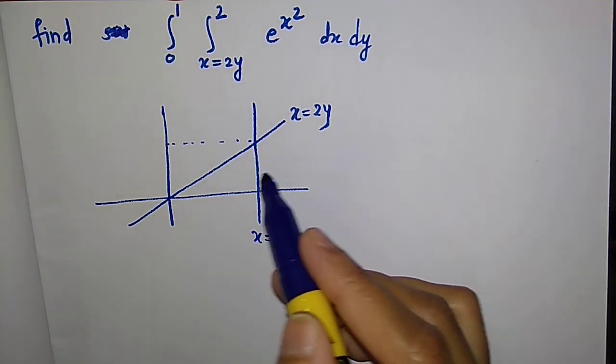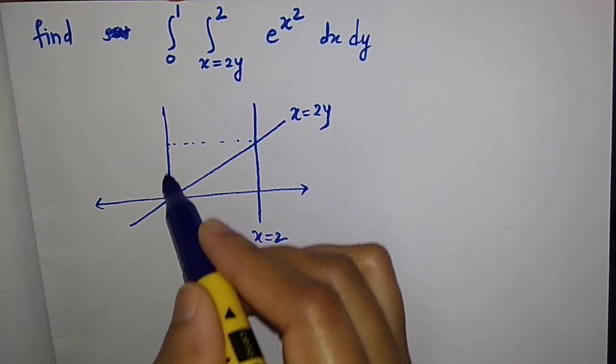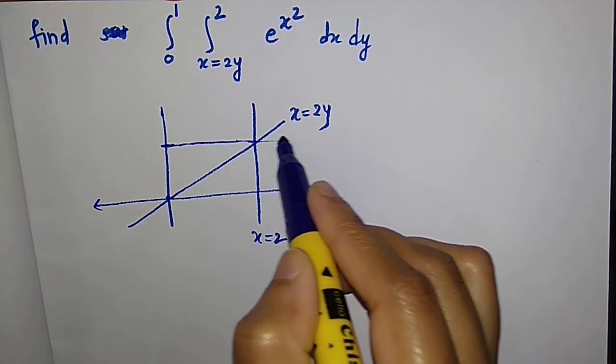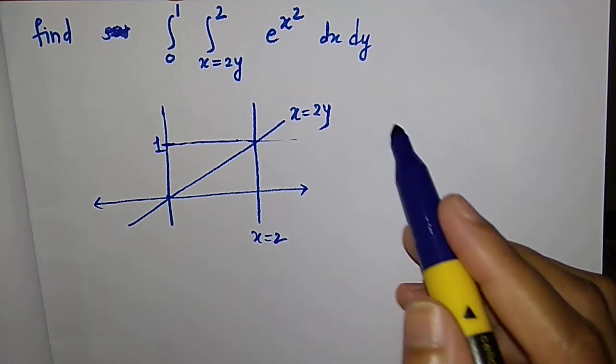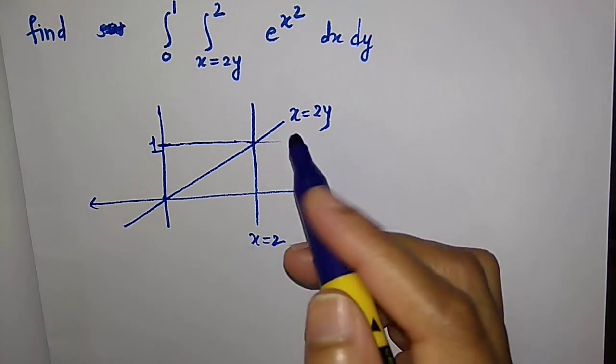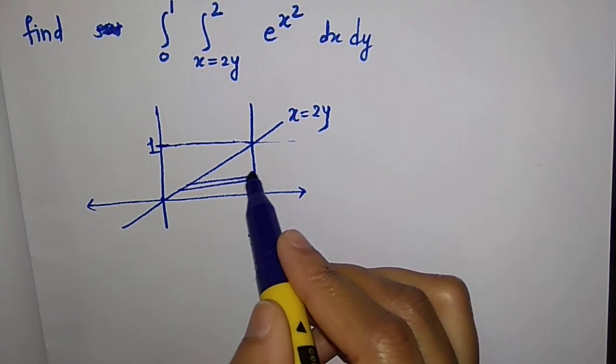So y equal to 0 means x-axis, and y is equal to 1 means this line. So our region of integration is this.